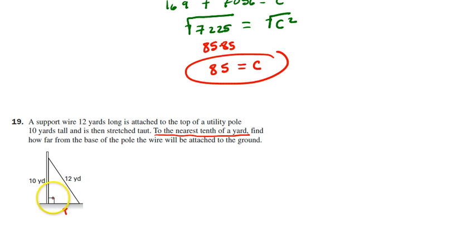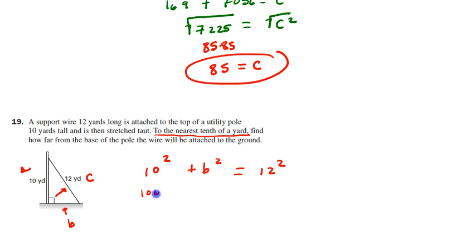Here's my right angle, so the side length opposite of that would be C, and the two sides that make up my right angle are my legs, or A and B. So I don't know B in this situation. So I'm going to take 10 squared plus B squared equals 12 squared.